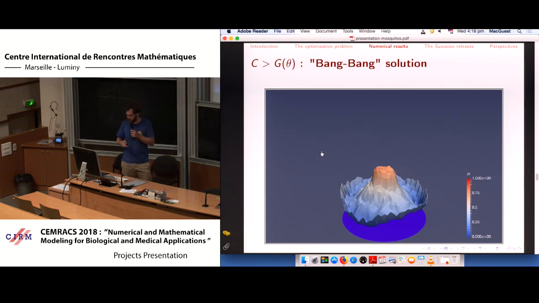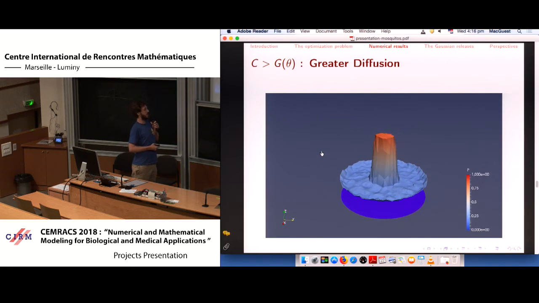One thing also to mention in terms of parameters is that one of the parameters that's going to have a lot of importance is diffusion. If you take a diffusion parameter that's a lot bigger, so I think before it was 2 square meters per day, and this is 12 square meters per day, what you get is this behavior that in optimal control you call bang-bang behavior.